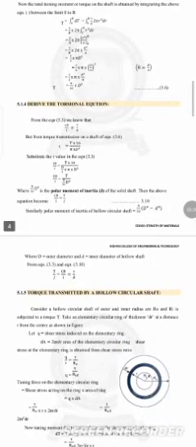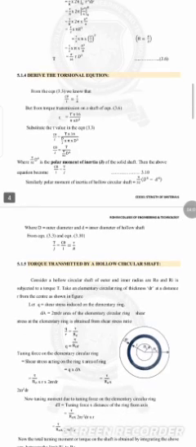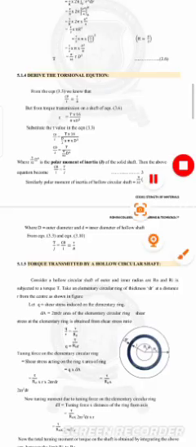Next, the torsional equation. From equation 3.3, we know that C theta by L is equal to tau by R. But from the torque transmission equation of the shaft, tau is equal to T into 16 divided by pi d cube. So, substitute the tau value in the equation. C theta divided by L is equal to T into 16 divided by d by 2 into pi into d cube. C theta by L is equal to T divided by pi by 32 into d power 4.